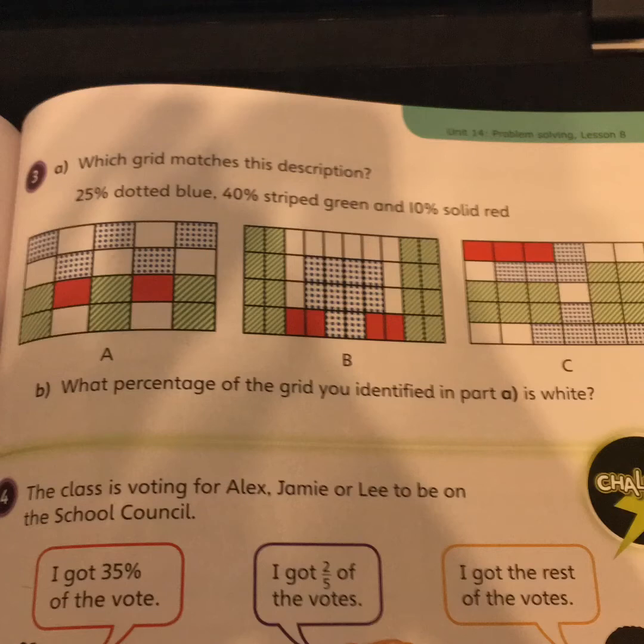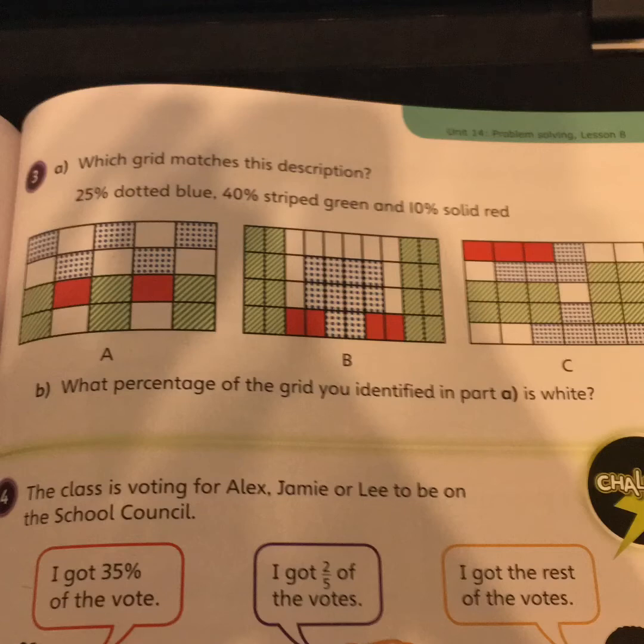If I simplified that, that would get me 4/10. 4/10 would be the same as 40/100, which would be 40% green. So far, so good. Let's check the red though. So the red would be 4 out of 40, which I would simplify to 1/10. 1 out of 10 is the same as 10%, so that is also right. So far I'm pretty sure it's B.